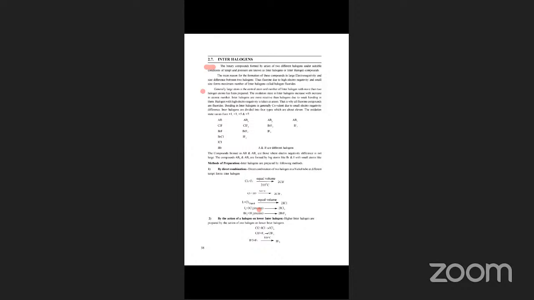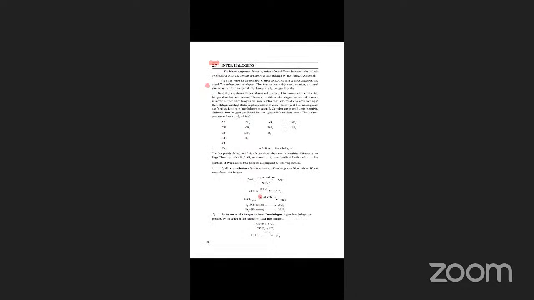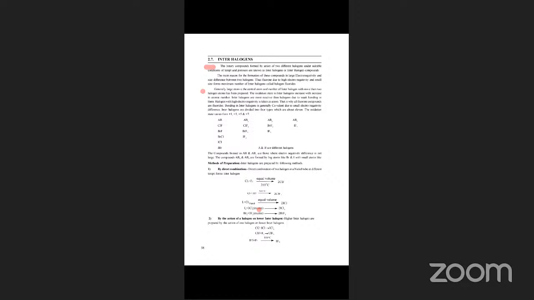What is the definition of interhalogens? The binary compounds, binary meaning two, formed by the union of two different halogens under suitable conditions, that is, suitable temperature and pressure, are known as interhalogens or interhalogen compounds.